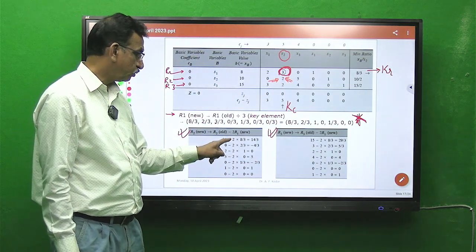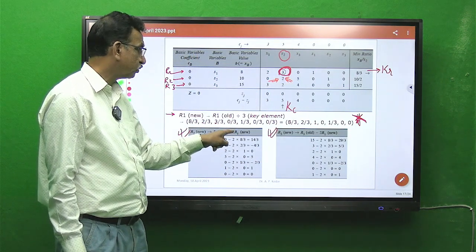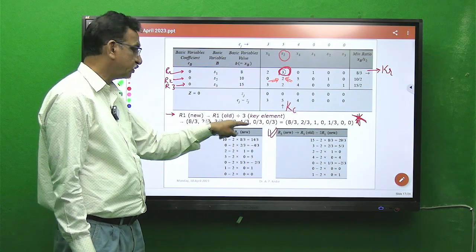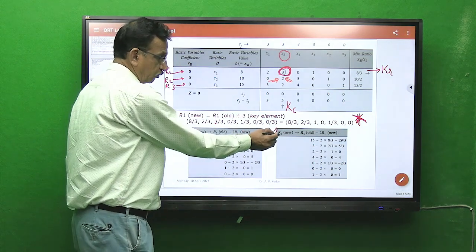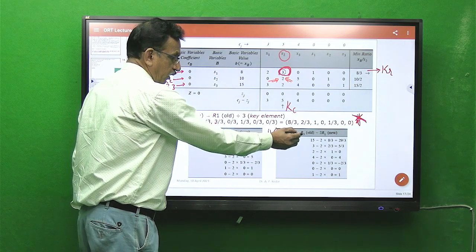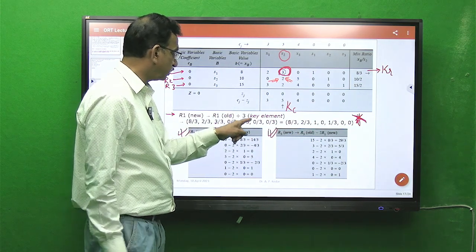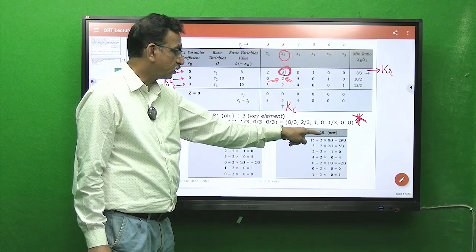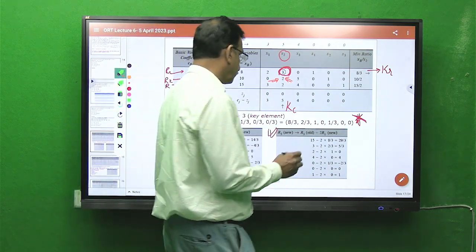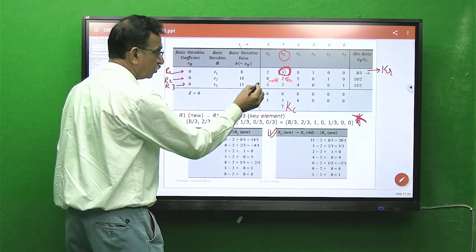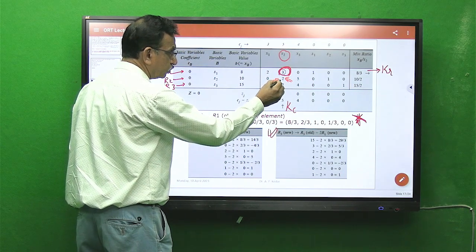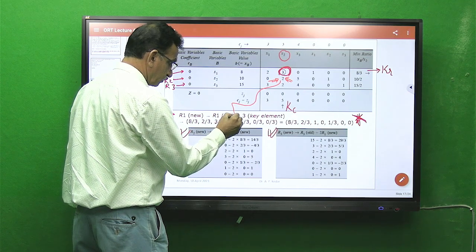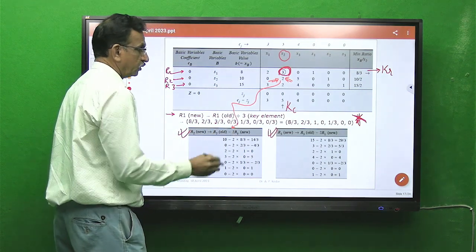2 into R1. R1 values are these values. Similarly for R3, the old values of R3 minus 2 times R1 new. Now one thing, these two are very important.